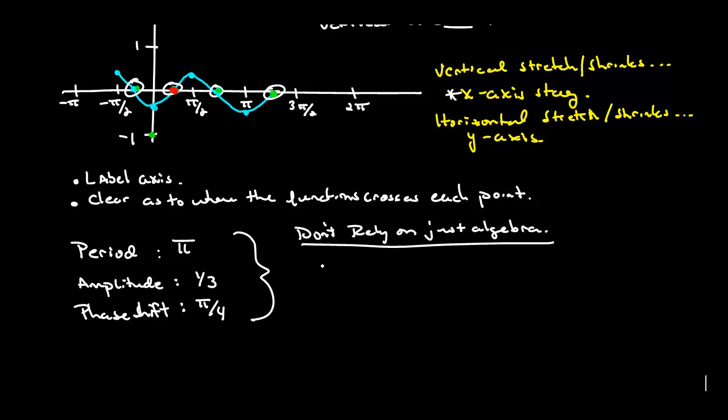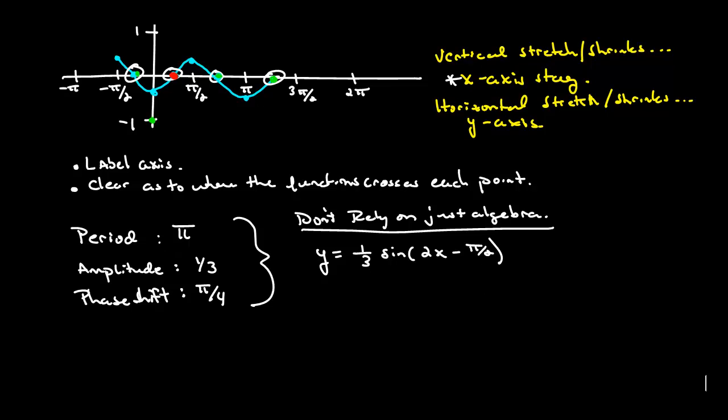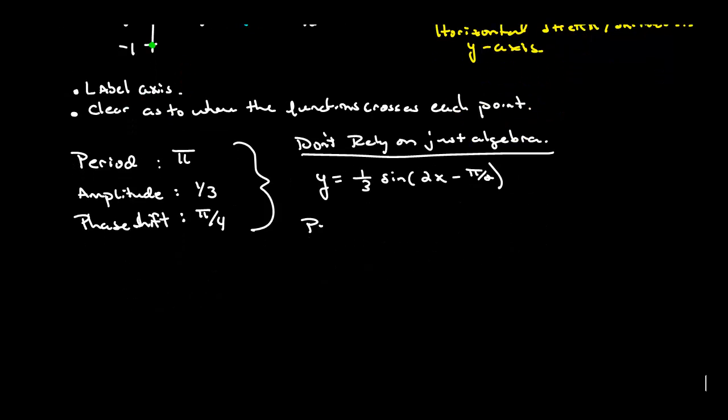So let's say we have this equation like this. Well, the period is found algebraically by taking the normal period of sine.